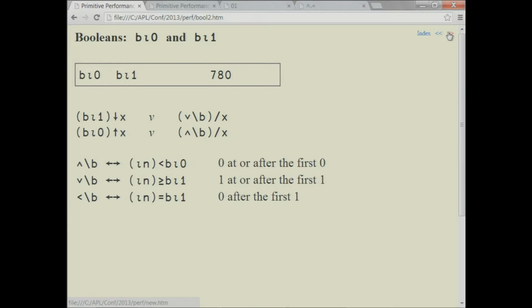So I did some timings and compared with J and found that J was actually faster than Dyalog on these two problems, which should not happen because J has byte Booleans and Dyalog has bit Booleans.